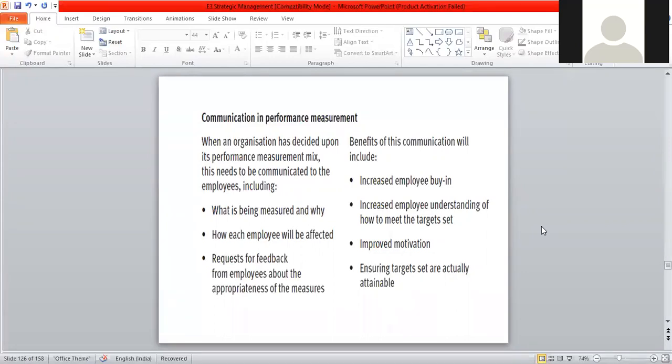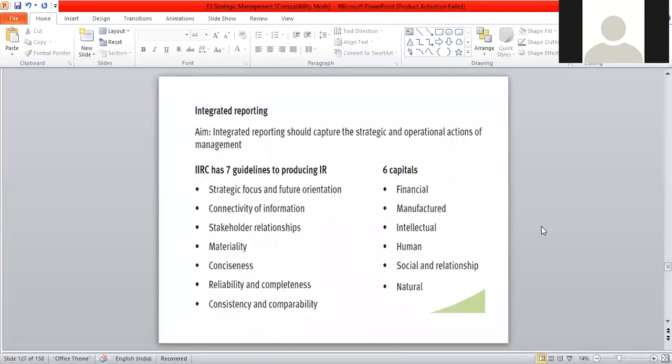So increased employee buy-in, increased employee understanding of how to meet the targets set, improved motivation, ensuring targets set are actually attainable. This one topic we'll discuss and then go to do the MCQs.